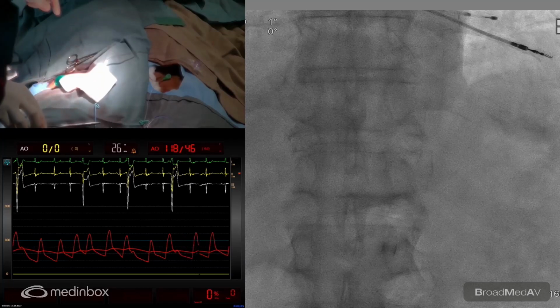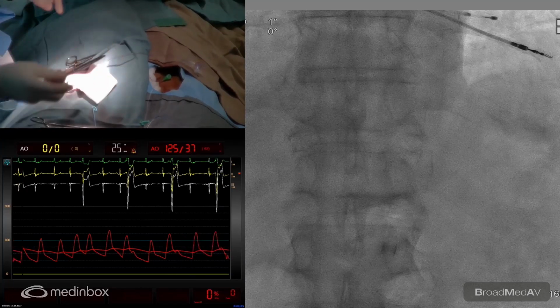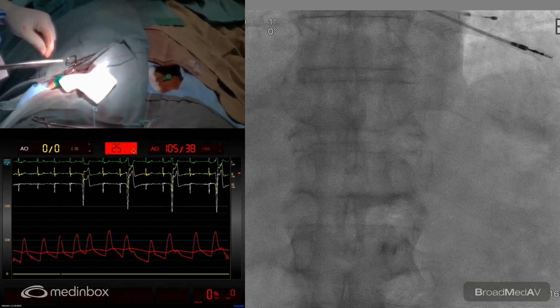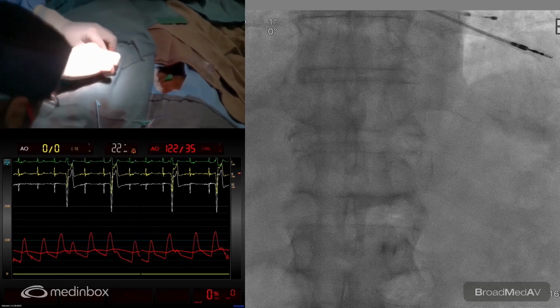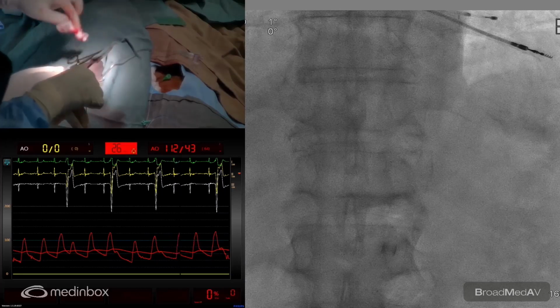So we've got the sheath in now. We're making a small stitch, and we'll now go in with the pigtail catheter from the left side.